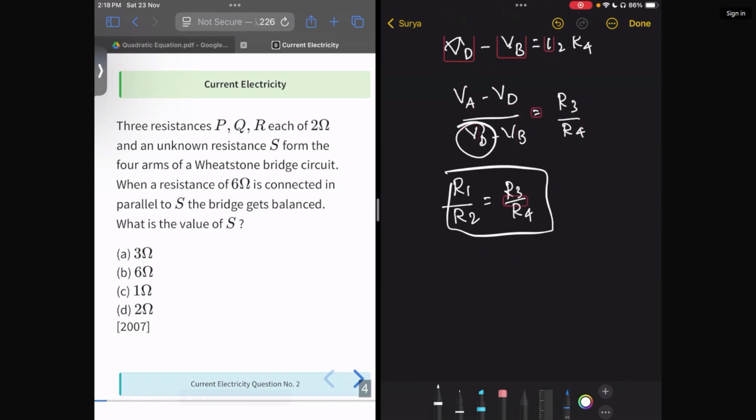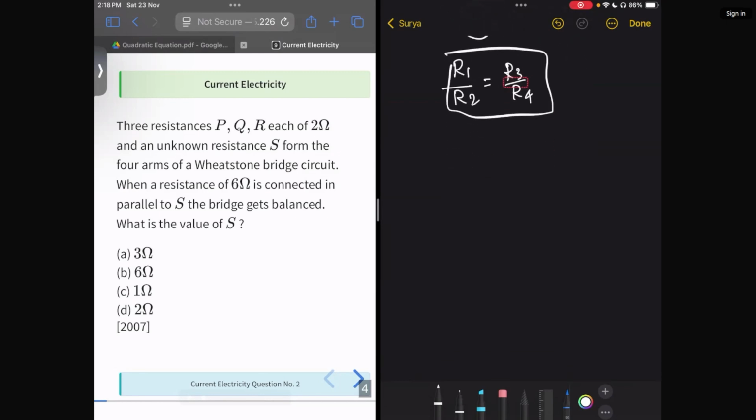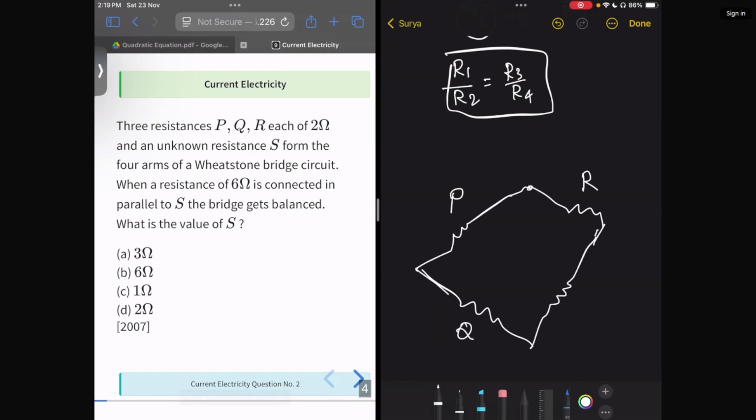Now in the question, what they have given is that three resistances P, Q, R, each of 2 ohms, and an unknown resistance S form a 4 arm bridge.